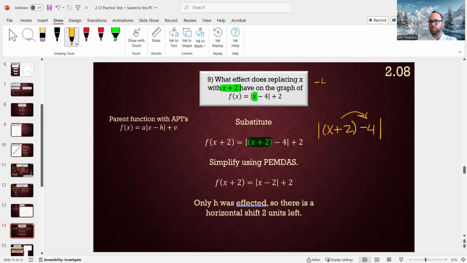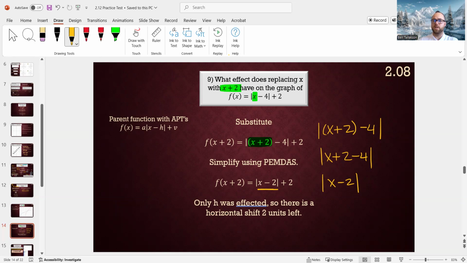If that was out front, that would be multiplication, but that's not the case. So since there's no multiplication happening, and parentheses mean multiply, we don't need them anymore, do we? So only one thing left to do, combine like terms, x minus 2, which we see right there.